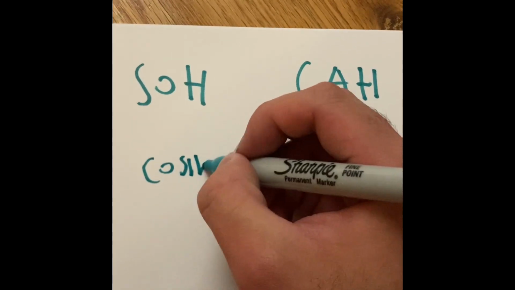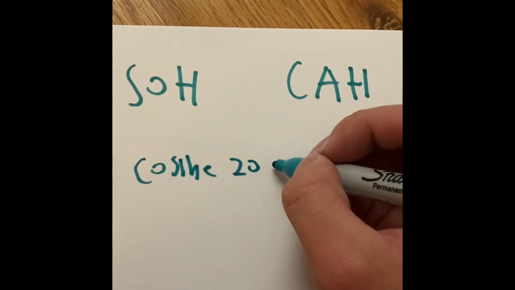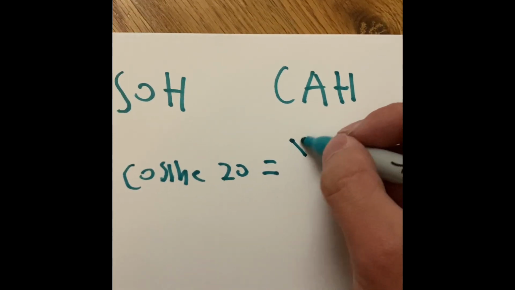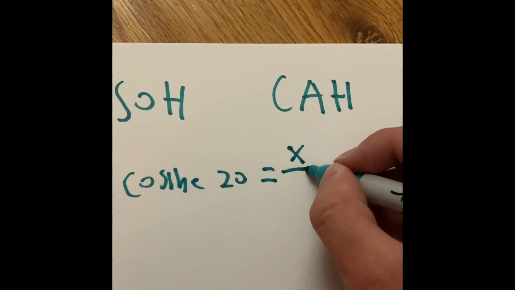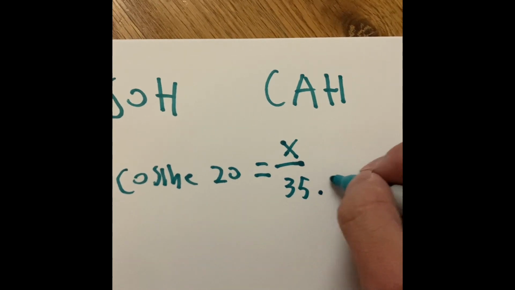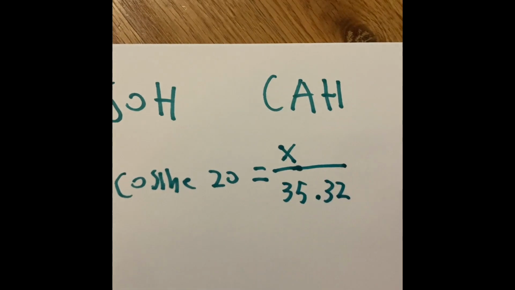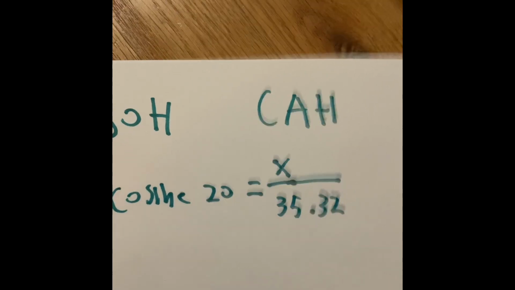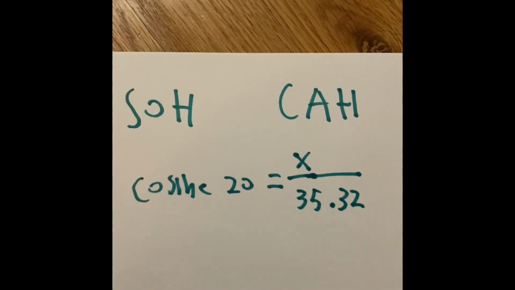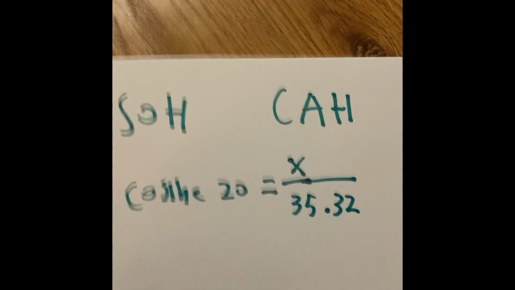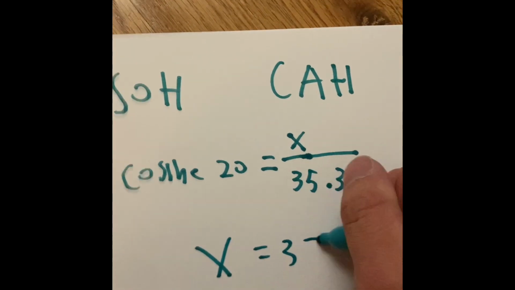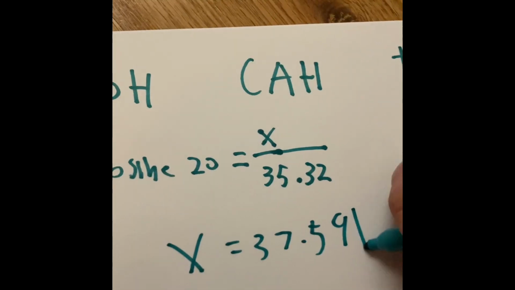So the cosine of 20 is going to be equal to A, or let's say X, divided by 35.32 newtons. When we solve, with X divided by 35.32, we get an answer of X equals 37.59 newtons.